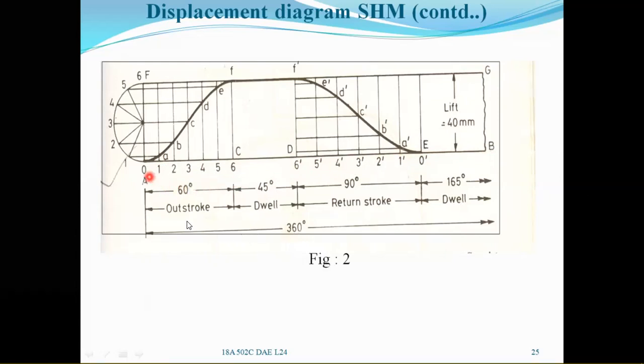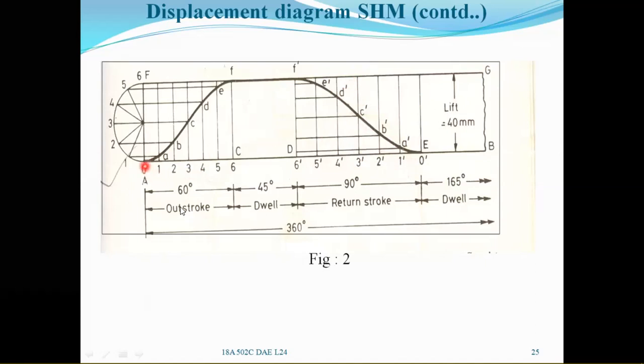Once again, divide the outstroke line into 6 equal parts, and divide the return stroke also into 6 divisions, and draw vertical projectors from each point. Similarly here also, 6 dash vertical line, here also 5 dash, 4 dash vertical lines, and similarly draw the vertical projectors.